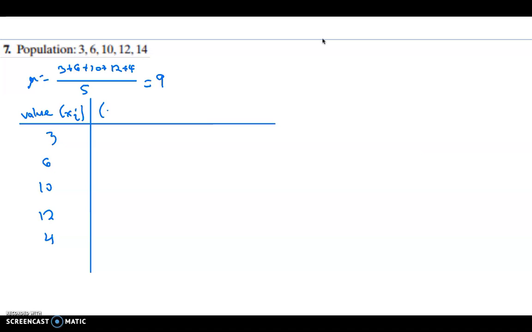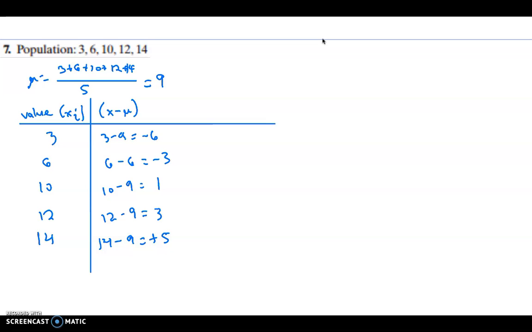And then we look at those deviations. So you'd have 3 minus 9, which is negative 6. Then 6 minus 9, which is negative 3. 10 minus 9 is 1. 12 minus 9 is 3. And 14 minus 9 is a positive 5.